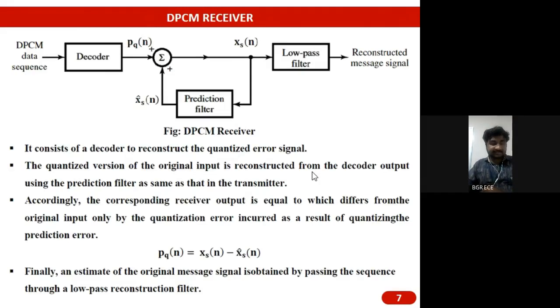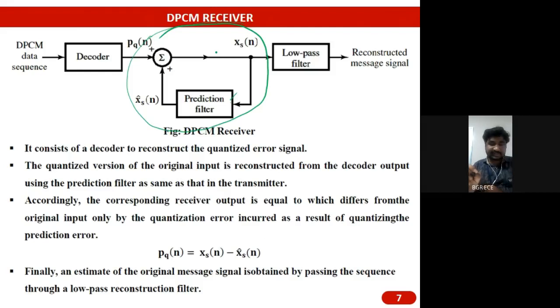So in the DPCM receiver, after the decoder, we are reconstructing the quantized error signal using a feedback structure, in which the prediction filter is again present in a unity feedback loop.